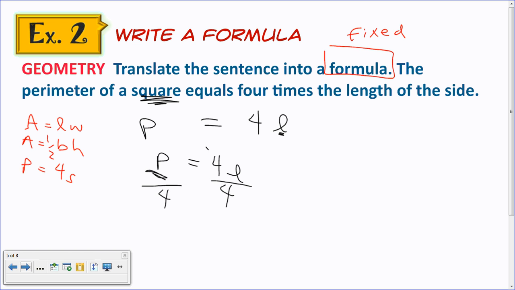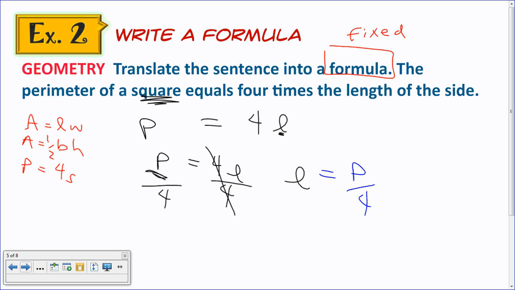Now what happens? Is the L by itself? Yes. Have I solved it for L? Yes. Even though I don't know any values, I have solved it for L, technically, because it is by itself.